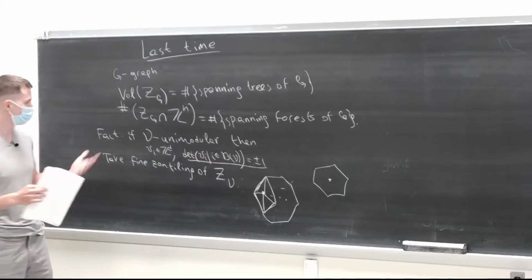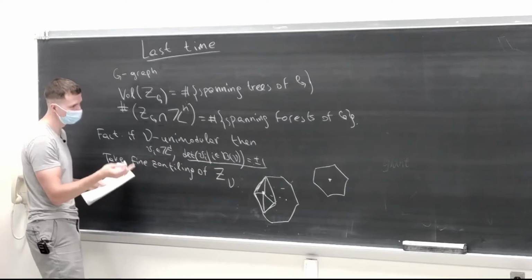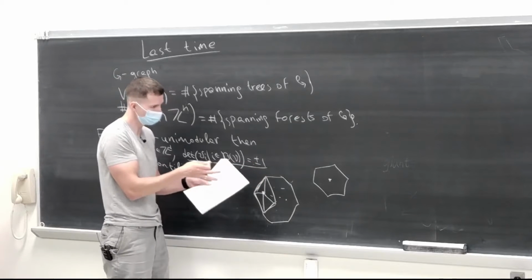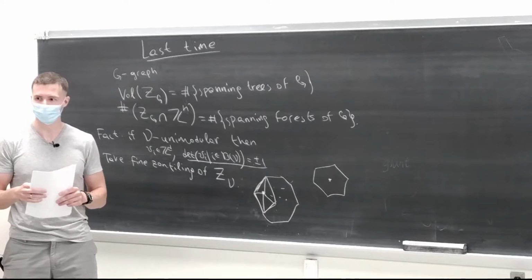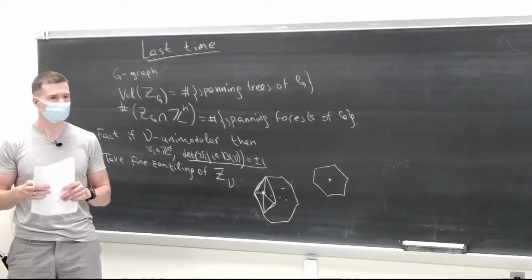That's why if you take a fine zonotopal tiling, first of all, because every vector is integer, every vertex is going to be a lattice point, and conversely, every lattice point cannot be strictly inside any parallelepiped. So they're going to be all vertices. Any questions?